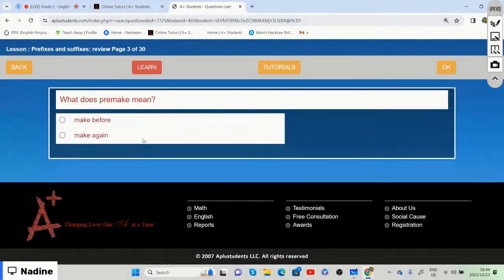So what does premake mean? Is it to make before or to make again?